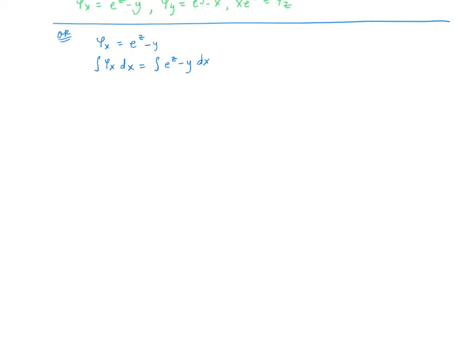On the left, it becomes my potential function phi of x, y, z. And on the right, when I integrate with respect to x, I get x e to the z minus xy plus a constant, and this constant can be a function of y and z. The next step is to find this constant so I can solve for my potential function.